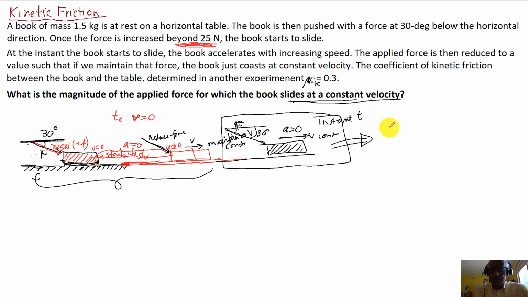So at this instant, the sum of all the forces on the book equal to 0, since acceleration equal to 0.